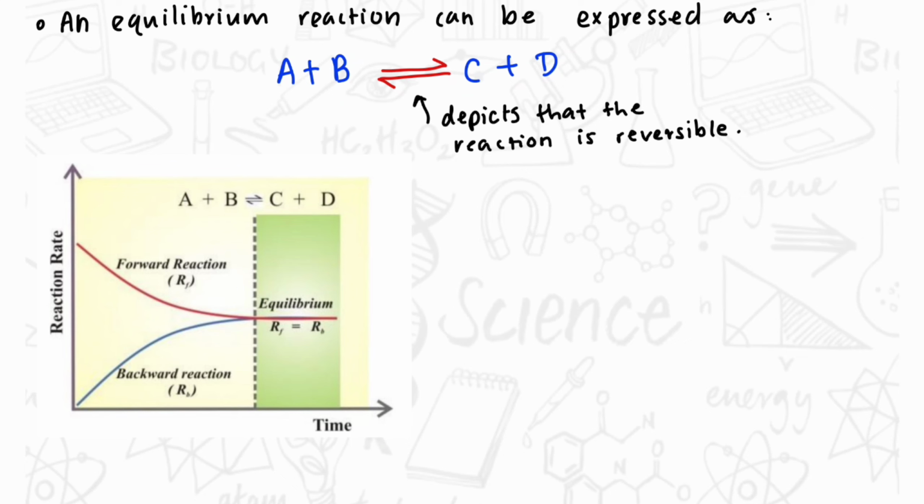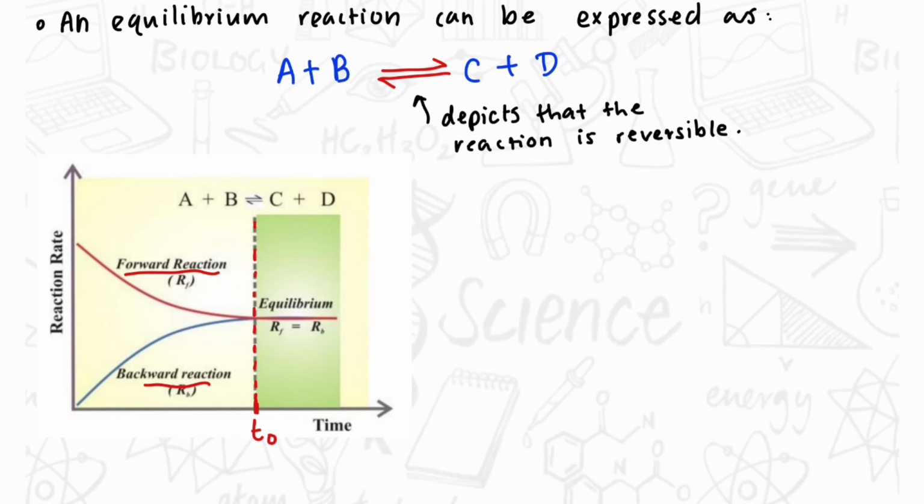Now if we plot the graph between the reaction rate versus time for an equilibrium reaction, we can see that initially the rates are different for the forward reaction and the backward reaction, but equilibrium will take place at, let's say, time t equal to t naught.